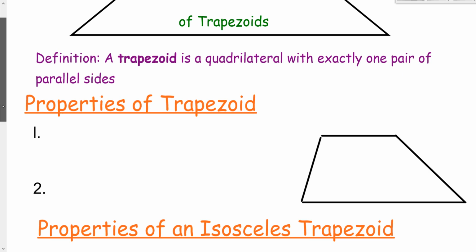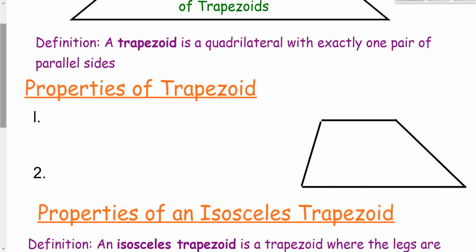So to discuss the main properties of a trapezoid, first of all, the definition states a trapezoid is a quadrilateral with exactly one pair of opposite parallel sides. Not both pairs, only one pair of opposite sides are parallel.